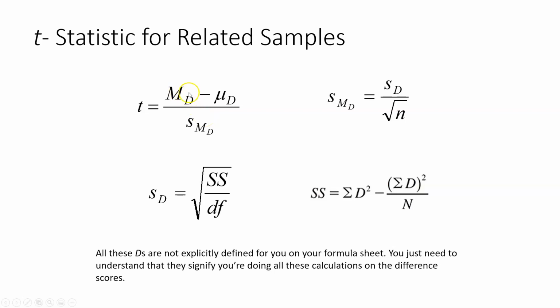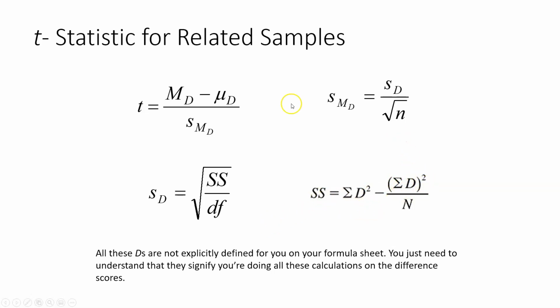They just have all these D's written in because this is saying it's the mean difference minus the population mean difference, and the standard error of the mean difference, and the standard error of the mean difference is the standard deviation of the differences, and the standard deviation of the differences is computed the same as the standard deviation of all the other things, SS over df, square root of that, and then the sum of squares is just the sum of the difference scores rather than the X scores. And you take the sum of the difference scores rather than the X scores and square them.